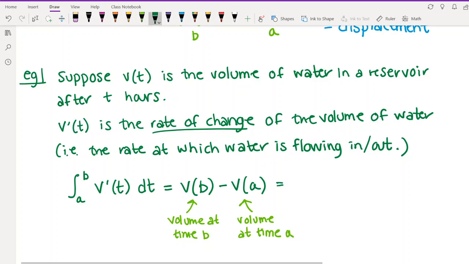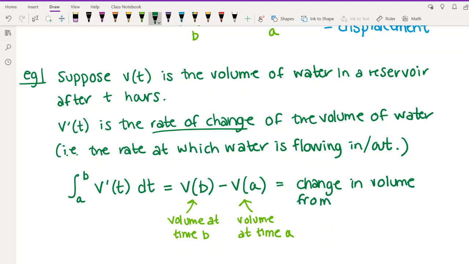It would tell you how much the volume changed between time A and time B. So this would be the change in volume from t equals A to t equals B.